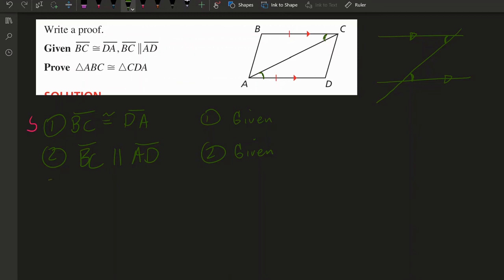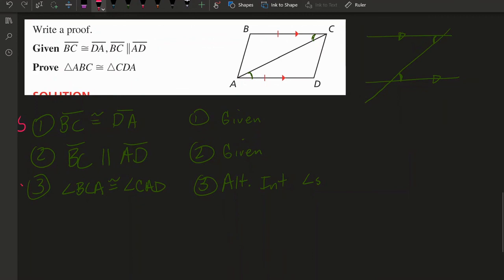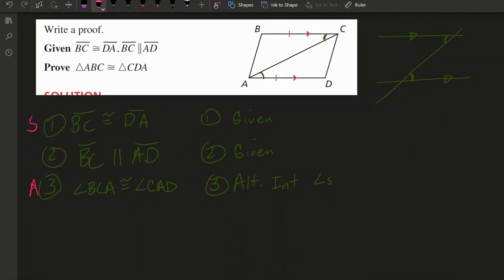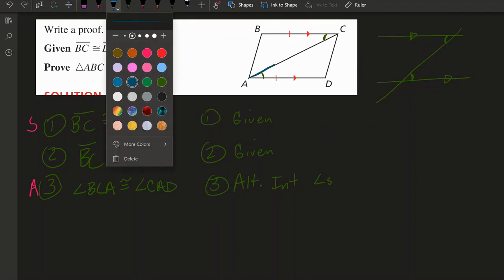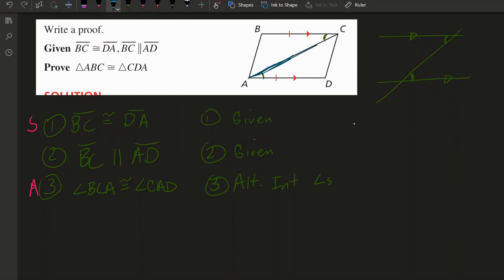So I can say for my third step, angle BCA is congruent to angle CAD because of alternate interior angles. And then I'm going to mark that one with an A because I just showed that some angles are congruent. Now, in order to get the third side, or the other set of corresponding sides I should say, I see that it is this one right here.